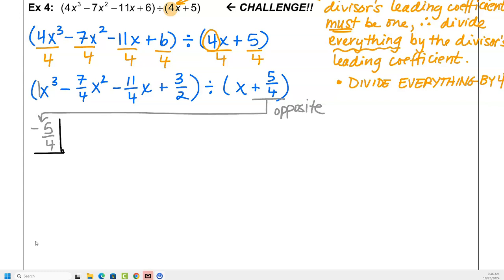Highest power is a 3. There's a 2, a 1, and a 0. Okay, so there's no missing terms, is there? So I can write the 1, the negative 7/4, the negative 11/4, and the 3/2. Leave some space for fractions underneath there.